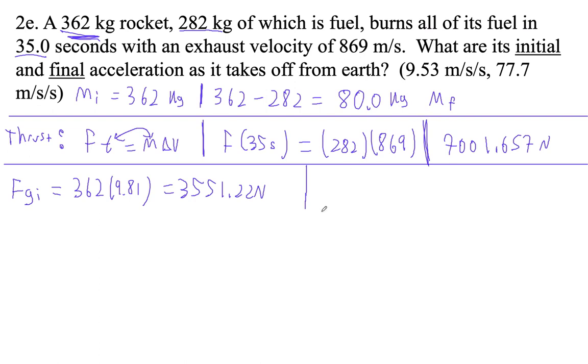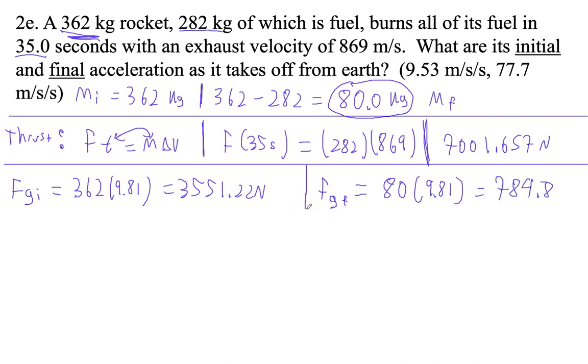And then the final mass, the force of gravity final, the fig of, I don't know what to call these, okay, is going to be just this 80, right? We're going to use the 80. So it's going to be 80 times 9.81. What is that? That is 784.8.